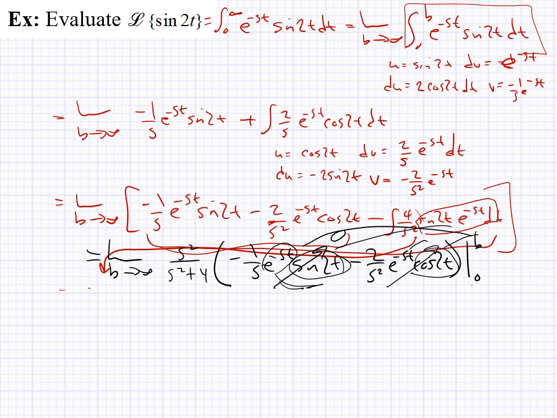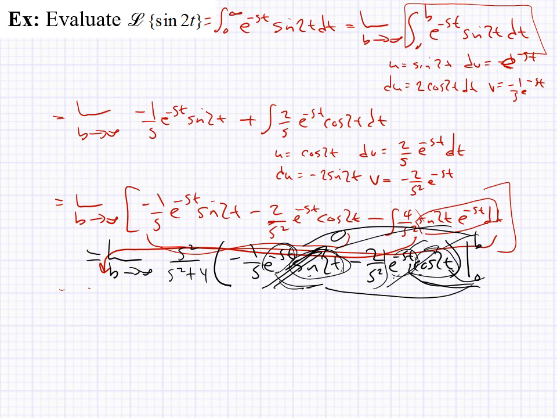When I plug in 0 here and here for t, I'm going to get e to the 0, which is 1, times sine of 0, which is 0, so that's going to go to 0. I'll plug 0 in here and here. Cosine of 0 would be 1, and then I'd have e to the 0, which would be 1.